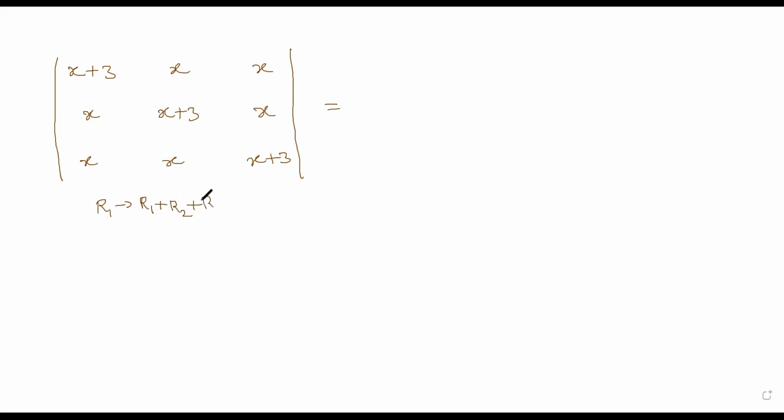Just do that blindly. So what happens here? X plus 3 plus x plus x, so it is 3x plus 3, right? It's again 3x plus 3, and 3x plus 3 again. So when I do that, it is x plus 3, x and x plus 3.